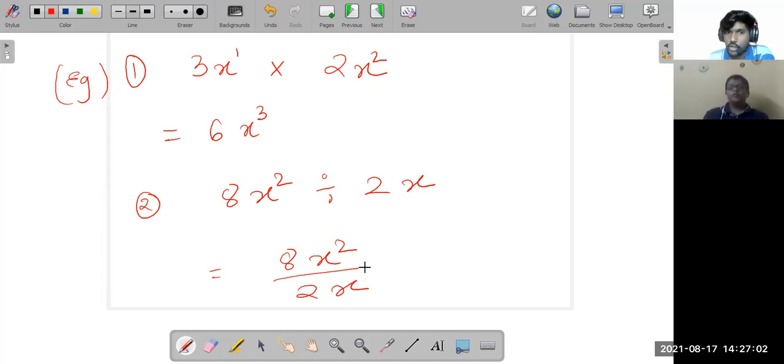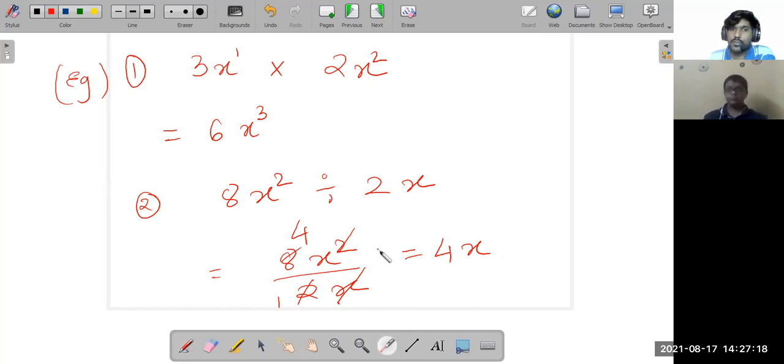Powers get subtracted, or you can do normal cancellation. One x from here and one x from here cancelled. 2 1s are 2, 2 4s are 8. And we will be left with 4x. Did you understand this? Yes, sir.